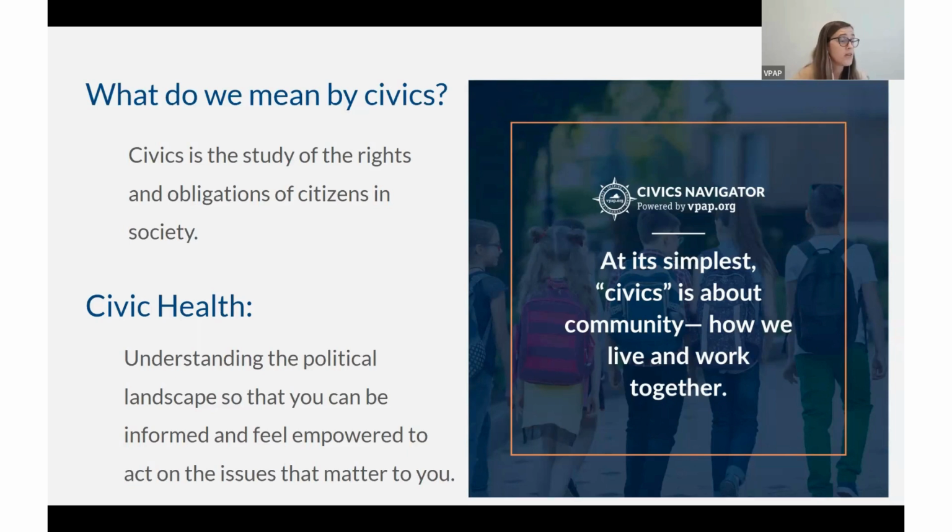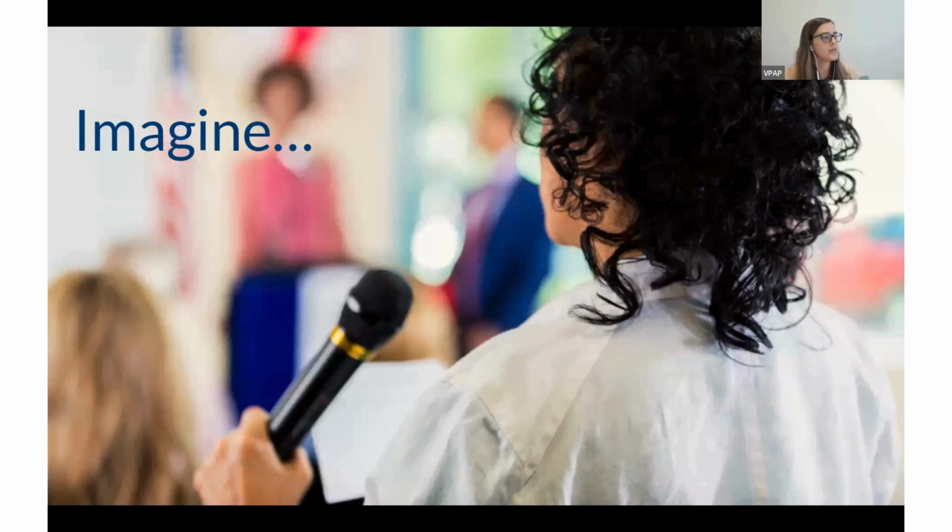And when we think about civic health, it's all about being able to understand what's going on, what the political landscape looks like, so that we're then able to feel informed and empowered to act on the issues that we care about and make sure that we're taking care of each other. It's really fundamental, just being able to work and live together with kindness, that I think it's good to remember even as adults.